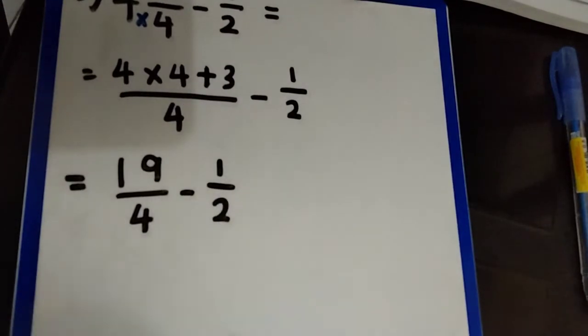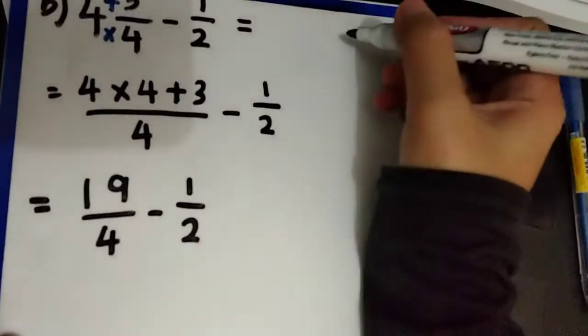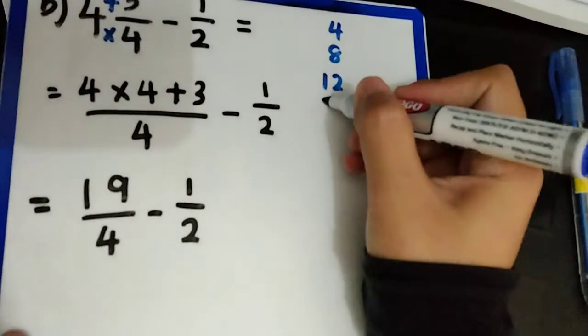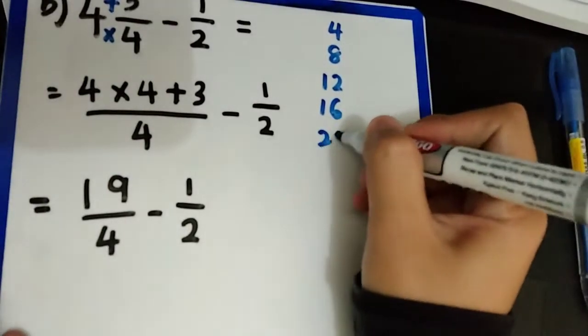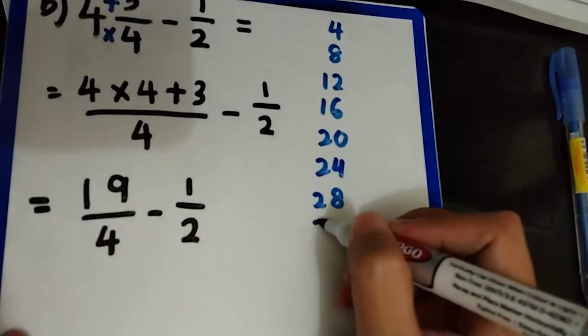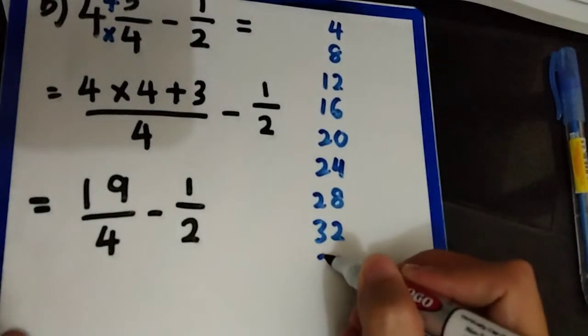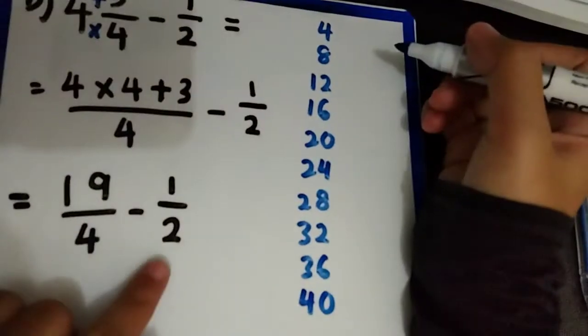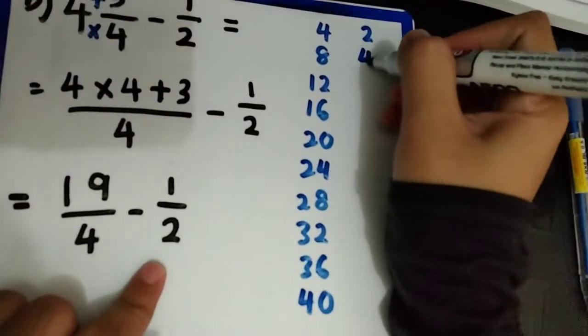So we're going to look at the multiplication tables of 4 and 2. You may list down the multiplication table of 4. Make sure you remember the multiplication table. And the other one is the multiplication table of 2.